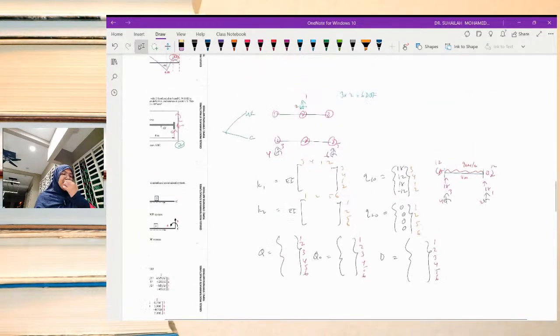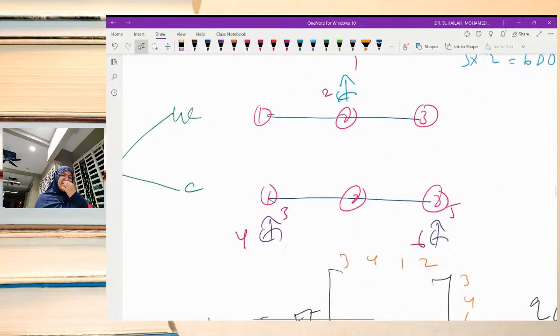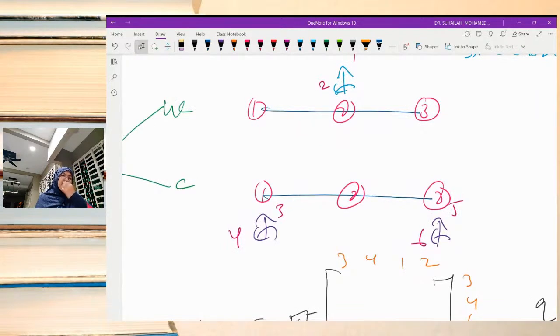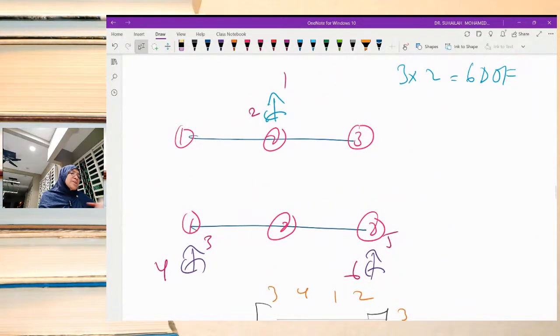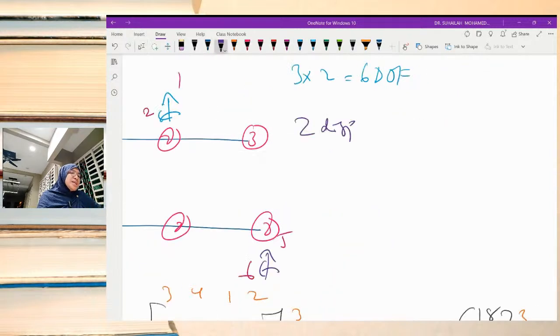Based on this, we know that there are two displacements, D1 and D2.